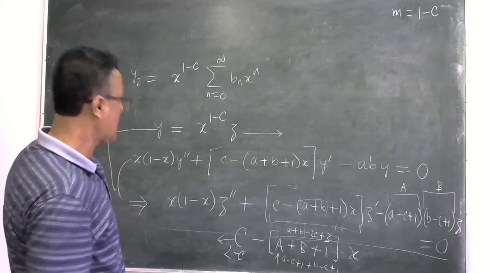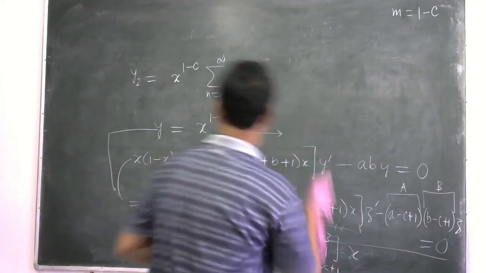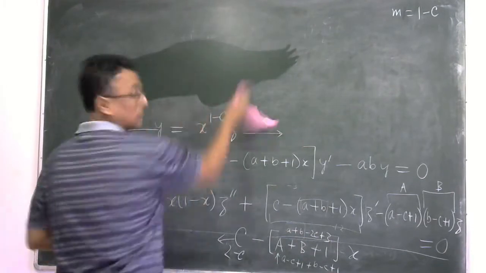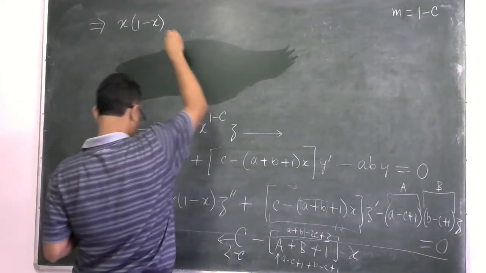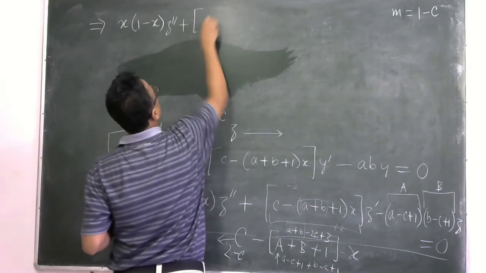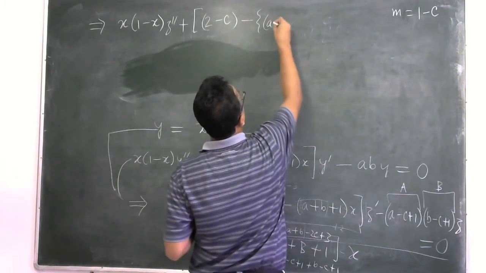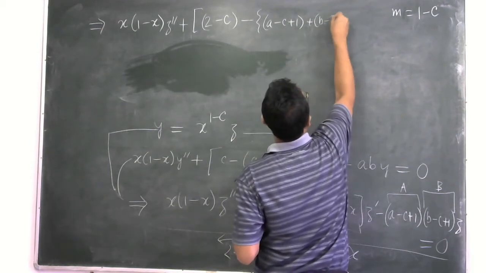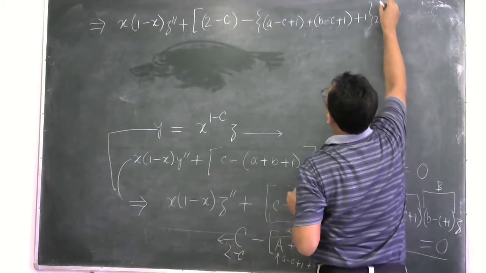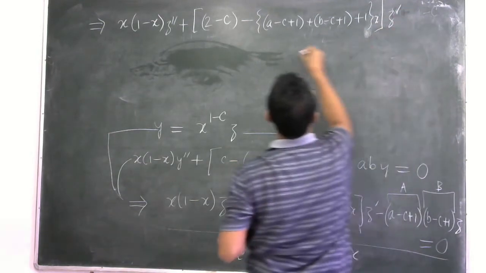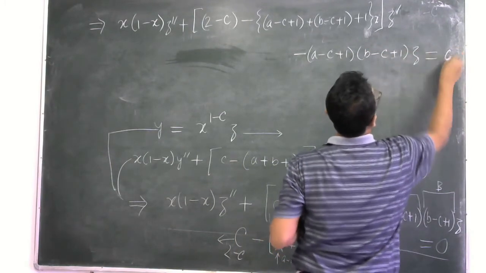Okay, so now I'll tell you what I'm going to do here. Okay, see, I can write this as 1 minus x... this is equal to 0.